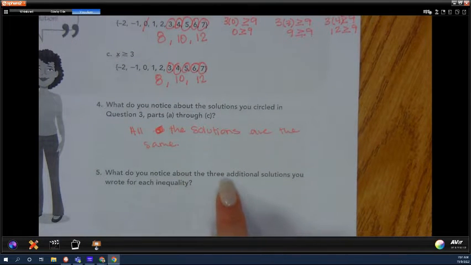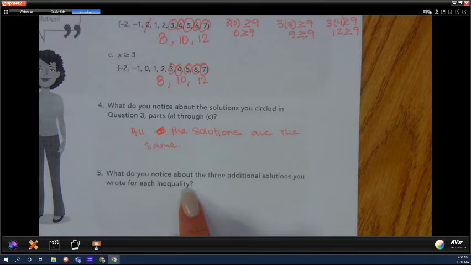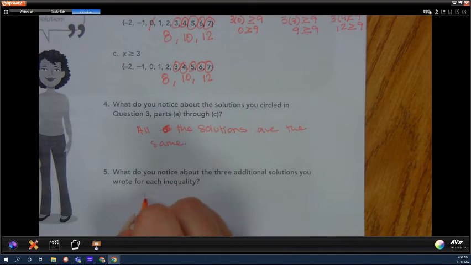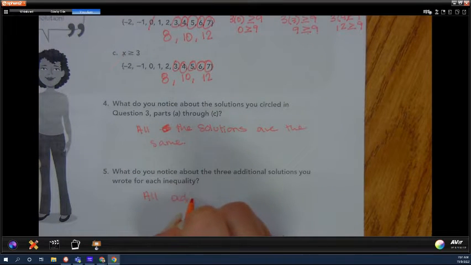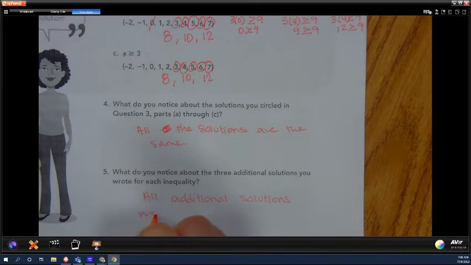What do you notice about the 3 additional solutions you wrote for each inequality? The solutions I wrote for each inequality were all greater than 3. So all additional solutions were all greater than 3.